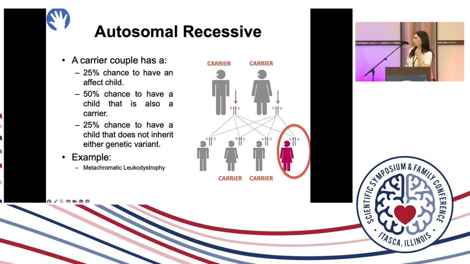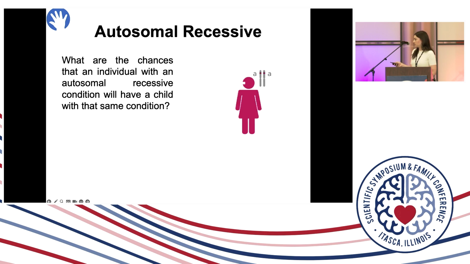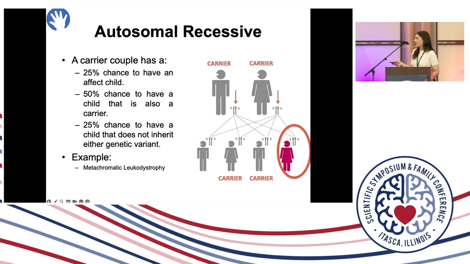So the risks to have an affected child for a couple that are carriers of the same autosomal recessive condition are 25%. So a 1 in 4 chance that both mom and dad are going to pass on their genetic change to their child.